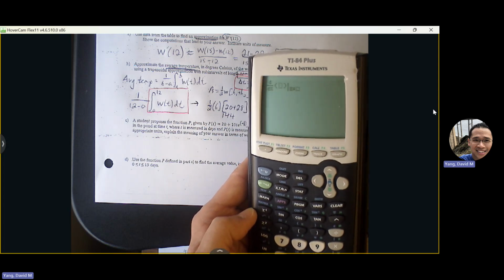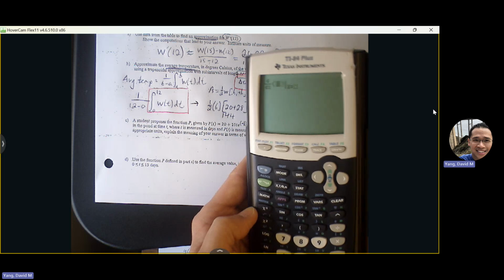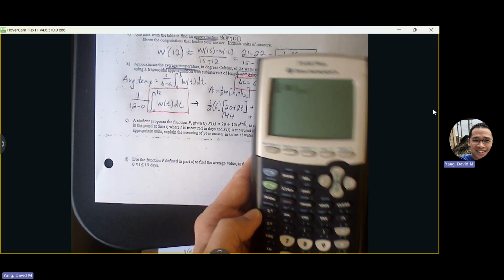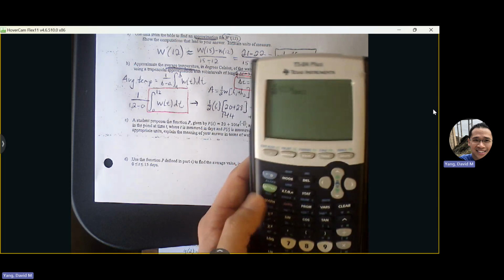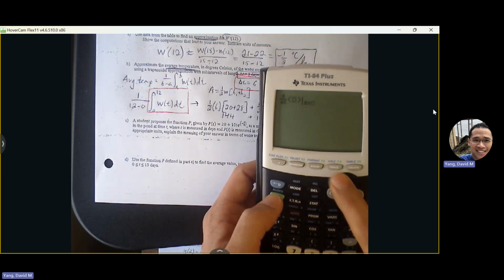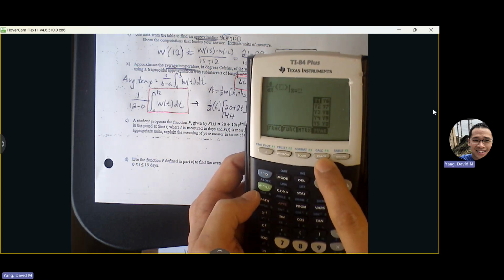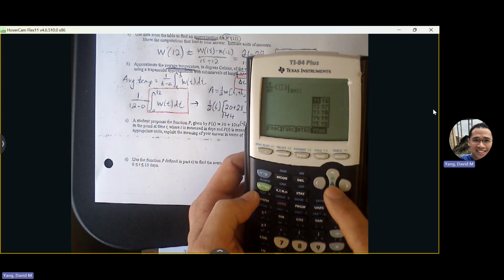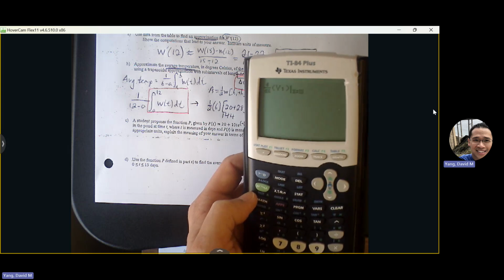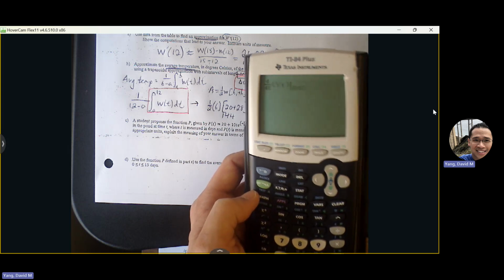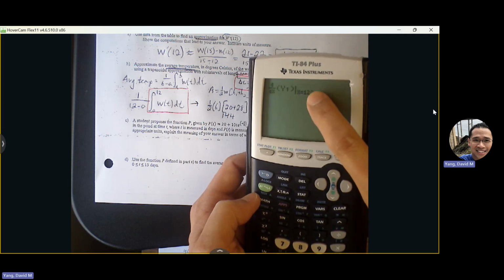One way is vars, y vars, function, y1, but most of your calculators have MathPrint, so if we do alpha trace, you'll see a drop-down menu, select y1. Now y1 is holding your P of t function, and we just want to find the slope, or the rate of change, on the 12th day.